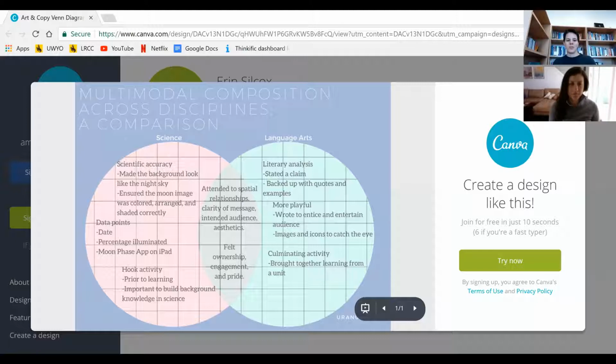Because the tools you use to make that for the moon are not the same, or if they are, they're not used the same way that you're going to use them to make your literary analysis and make your claim. So it's really a nice example, I think, of showing teachers how to do these compositions, but in ways that support disciplinary literacy practices as well.